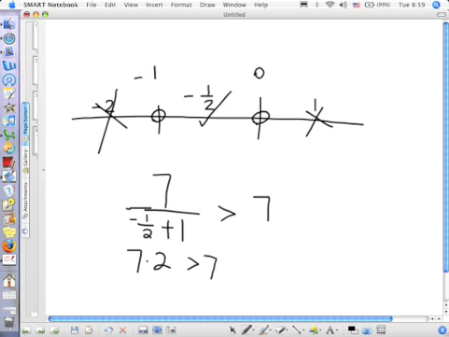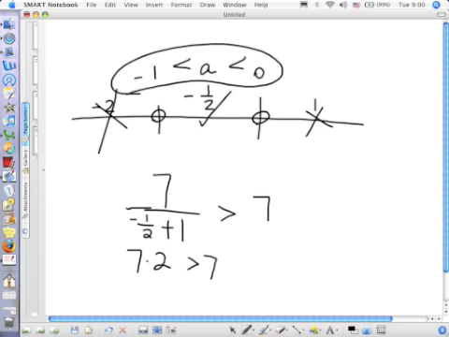All right, so this is an inequality. This is "and". The solutions exist between the two dots. The letter I was actually using was A. So A is located between -1 and 0, and there were no equal to signs anywhere. So that's your solution. You can put it like that, or -1 is less than A and A is less than 0.